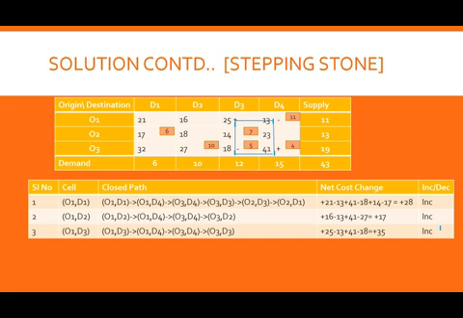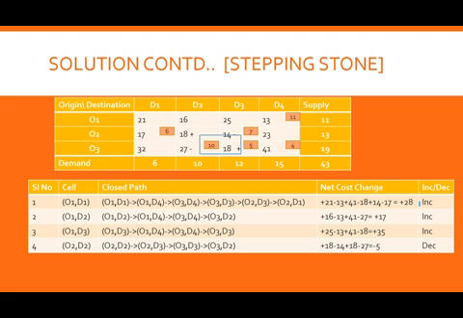The next unoccupied cell is O2D2. For O2D2, identify the closed loop O2D2 to O2D3, O3D3, then O3D2. Mention that here: O2D2, O2D3, O3D3, O3D2.